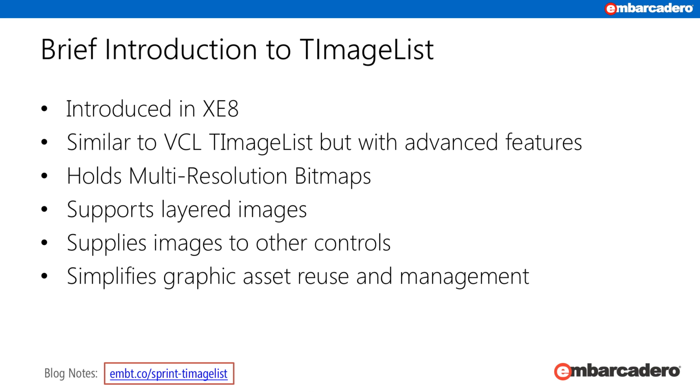This prevents duplication of that image within your application, which would cause it to take up more space, for example. Also, if you need to swap out an image in the future because you're upgrading to newer graphics, you change it in one place and it changes everywhere. So it provides a number of great benefits for building complex applications where you need to reuse graphics over and over again.